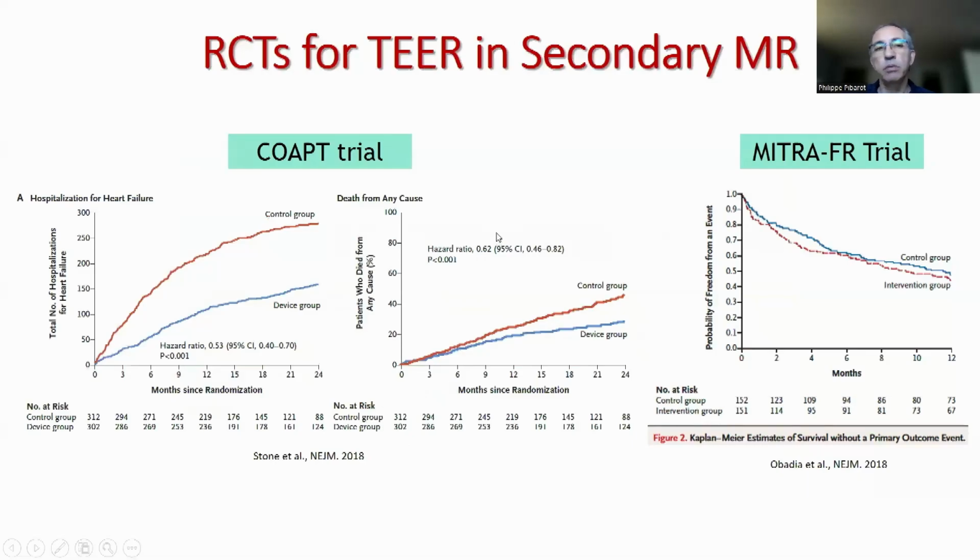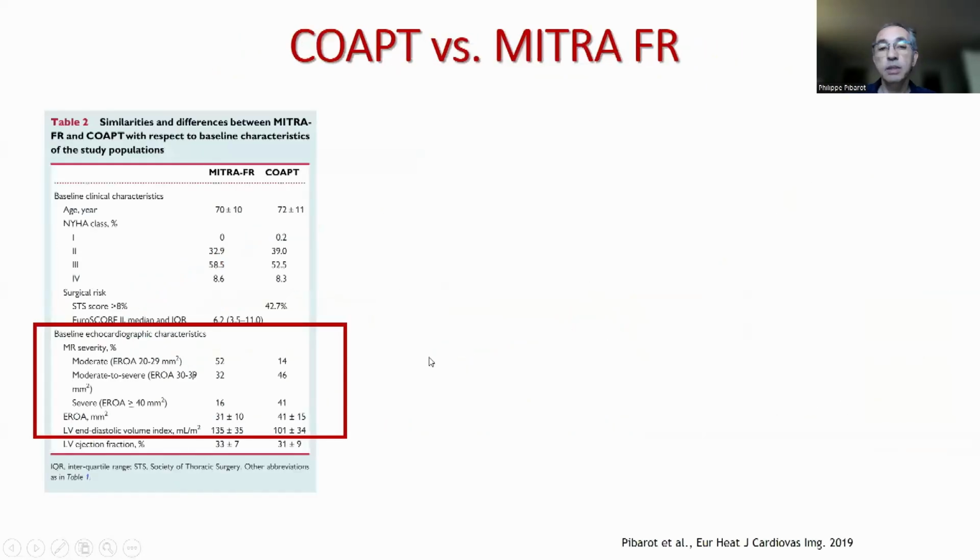So we know these diametrically opposed results of the two trials that have assessed TEER in the context of secondary MR, the COAPT trial that was very positive, and the MITRA-FR trial that was completely negative.